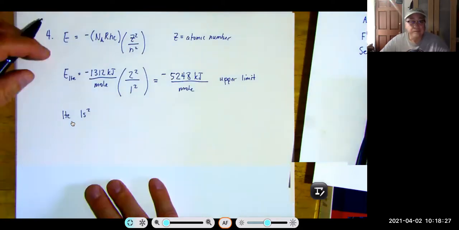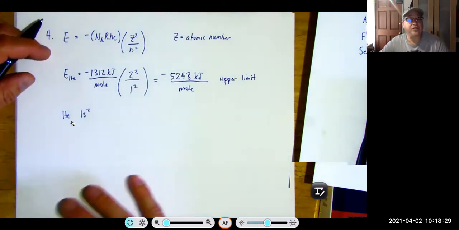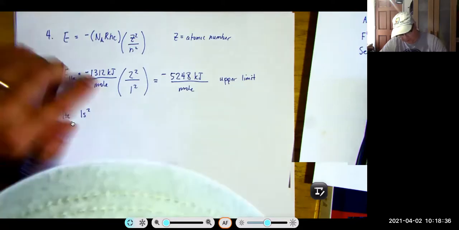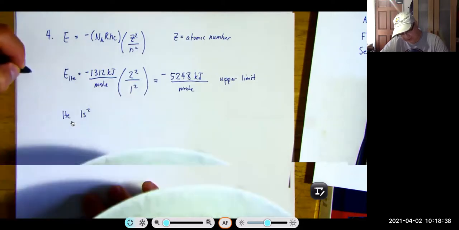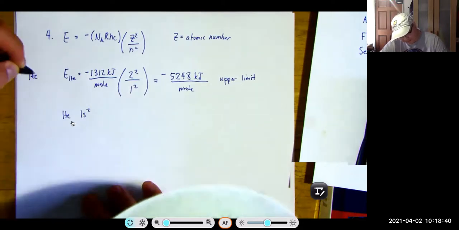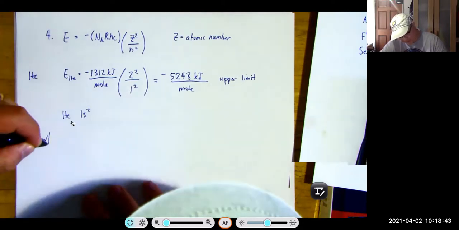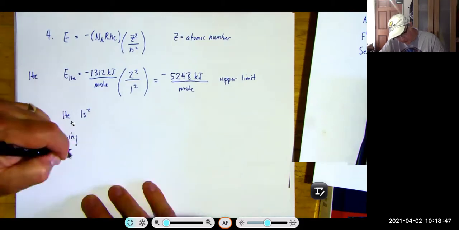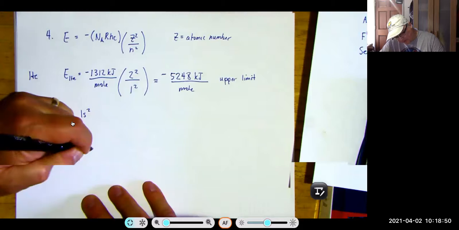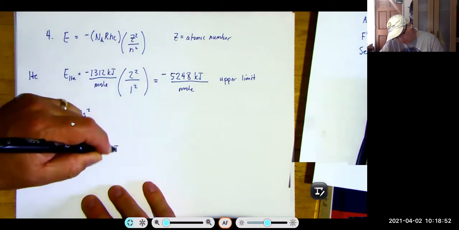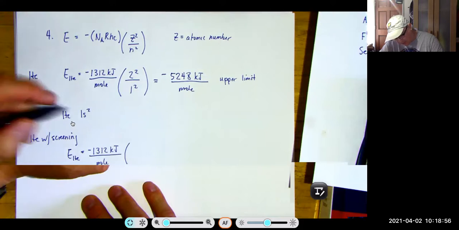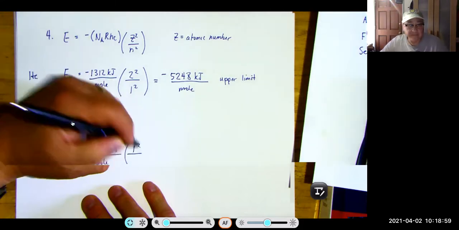Now it says next, assume one electron of helium completely screens the nuclear charge from the other. So Z is equal to 1. So this is helium, and this is helium with screening. The energy for the screening is going to be minus 1,312 kilojoules per mole. They say that it completely screens, so we have 1 squared instead.